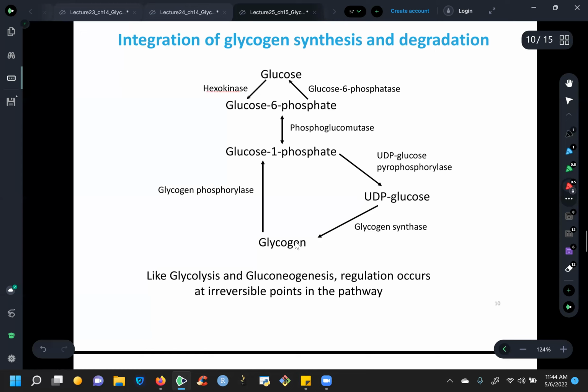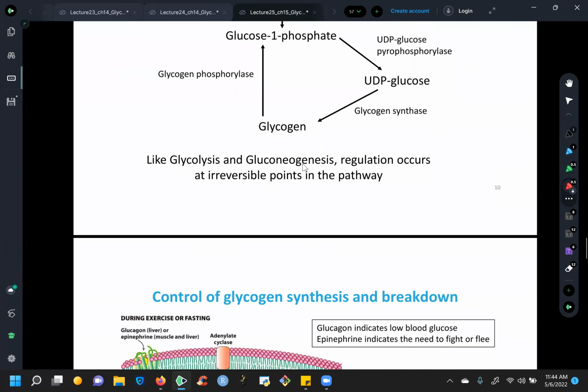So if you want to break down glycogen and go to glucose 1-phosphate, then you would use this enzyme glycogen phosphorylase. So when would that happen? This would happen if you haven't eaten in a really long time, right? You need to break down that glycogen, or if you've been working out way too much. Right, so you want to break down that glycogen to make more glucose to get more energy.